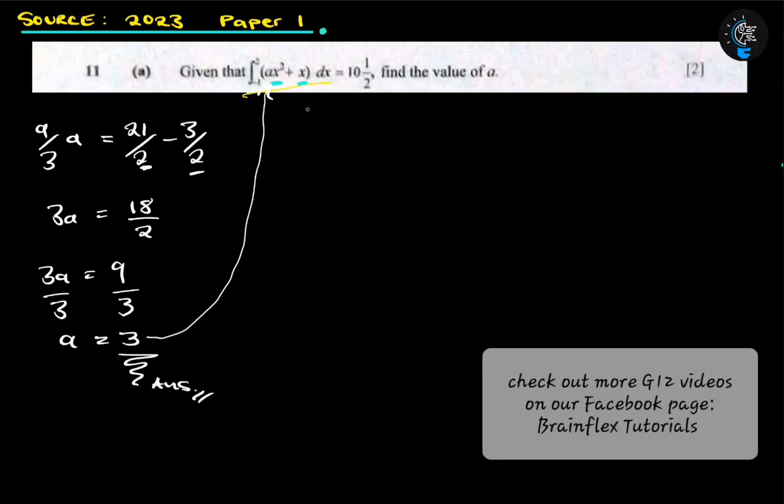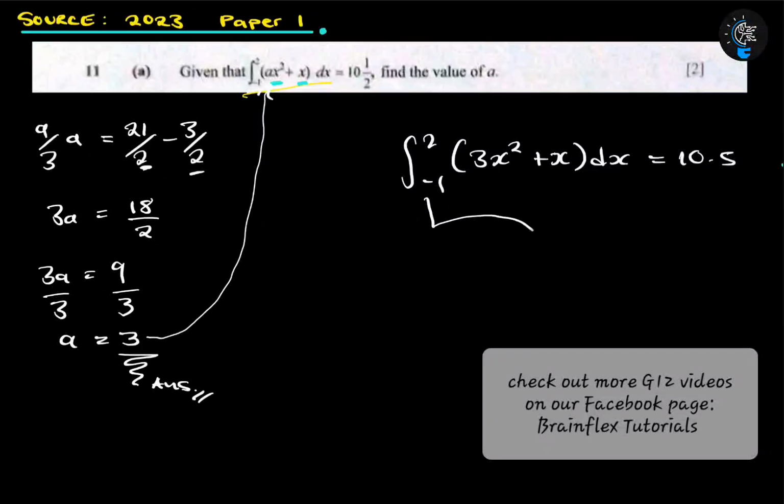So you say the integral from negative 1 to 2, open, where there's a, put a 3, x to the power 2 plus x, closed brackets, dx is equal to 10.5. So this part must give you 10.5, failure to which, just know that you made a mistake.